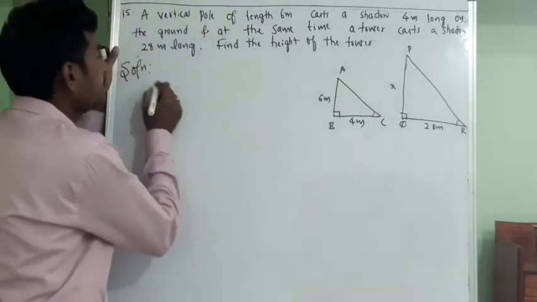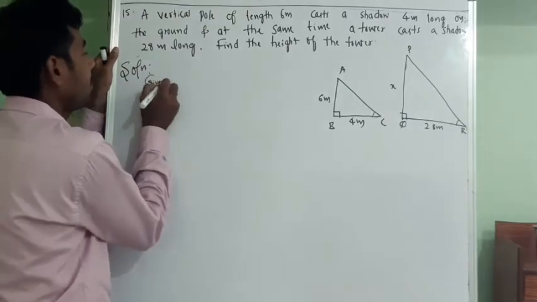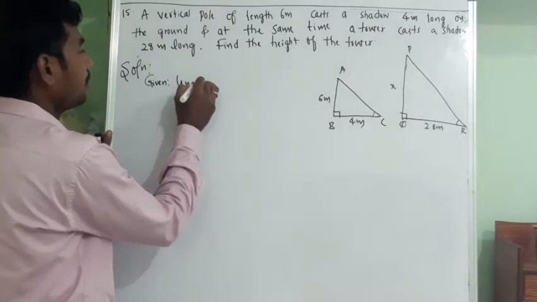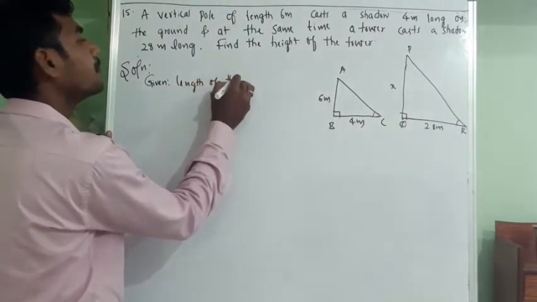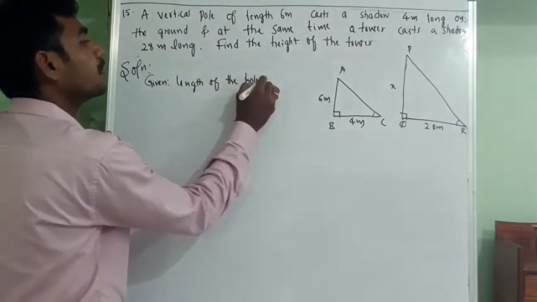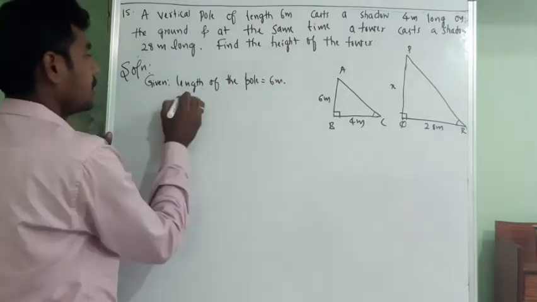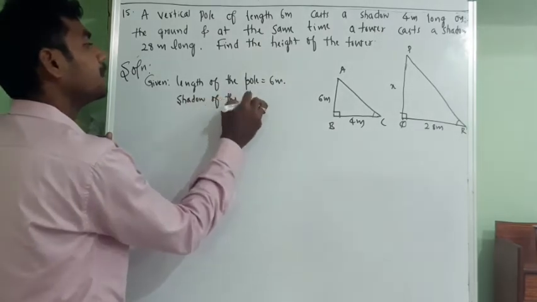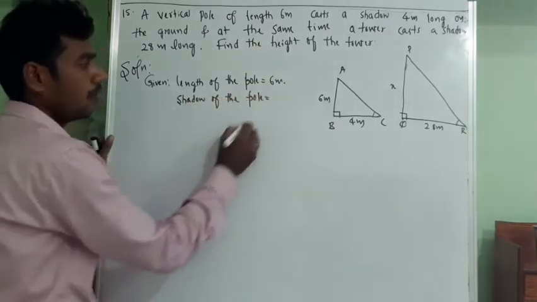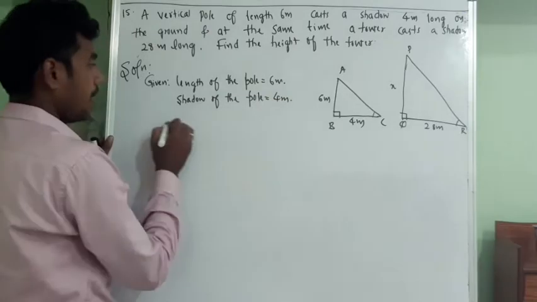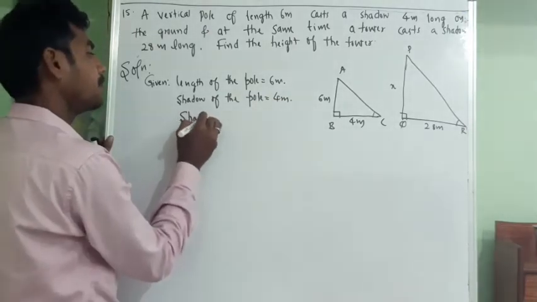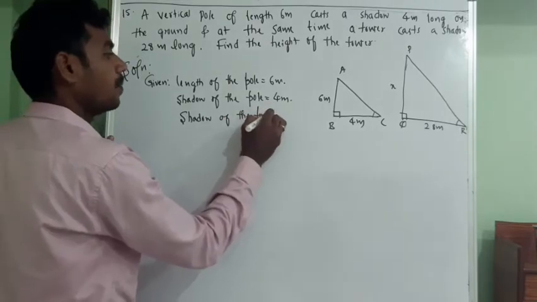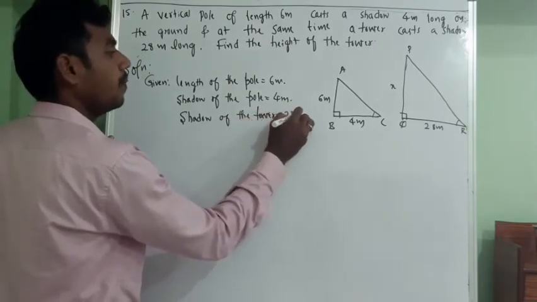Now what is given to us, we'll write down. Length of the pole is equal to 6 meter, shadow of the pole is equal to 4 meter, and shadow of the tower is equal to 28 meter.